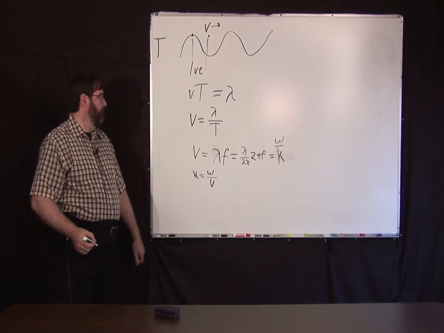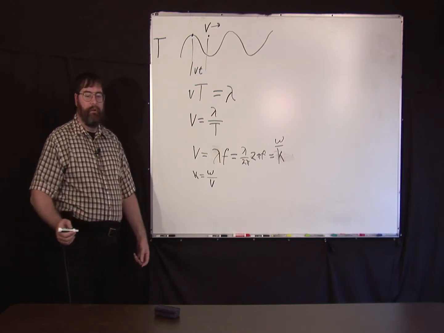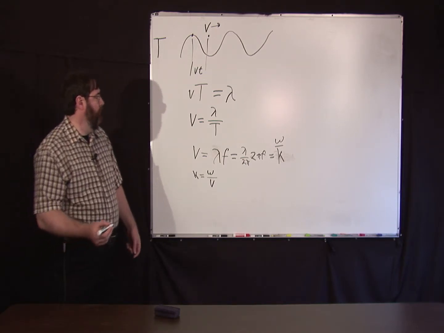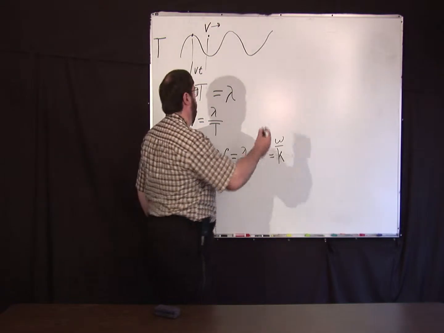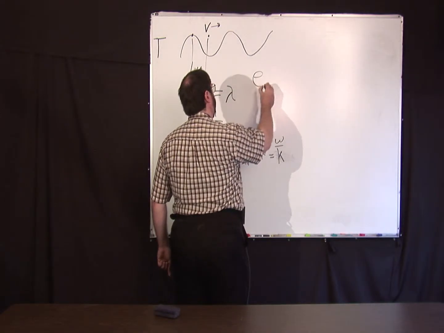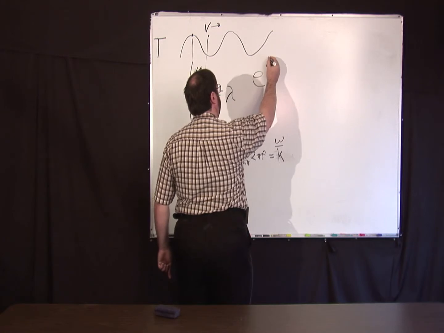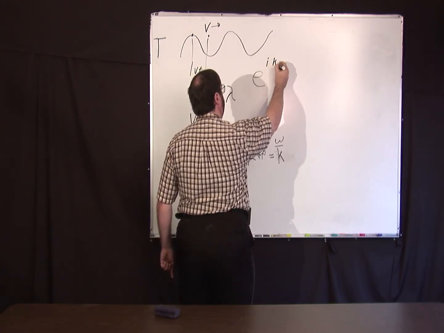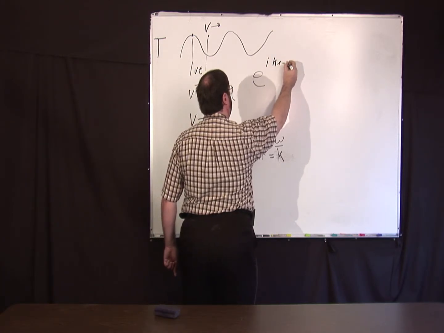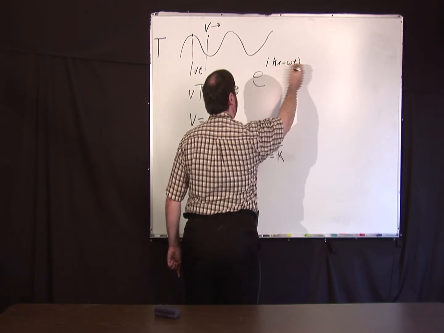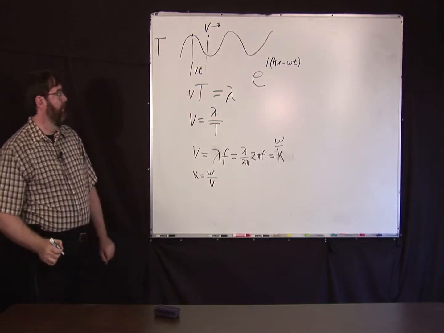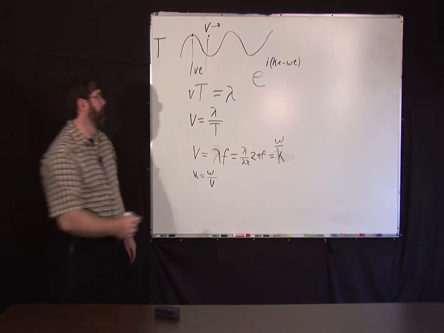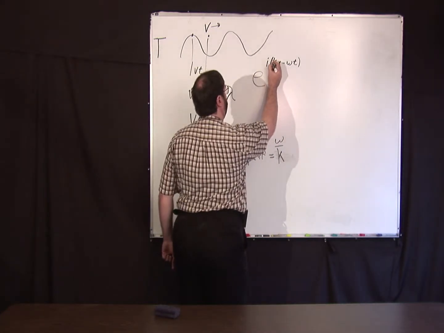So in general, for a sinusoidal waveform, you're going to have something that looks like e to the i (kx minus omega t). This is plus or minus depending on which way it's going.